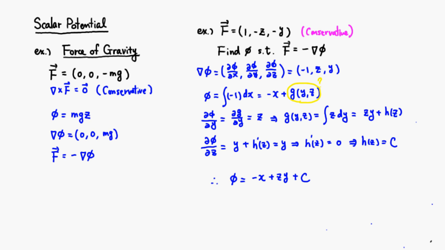You probably have noticed that this is really what in physics is called the potential energy. That's what the scalar potential is for the force of gravity. That's it. I hope that this was clear.